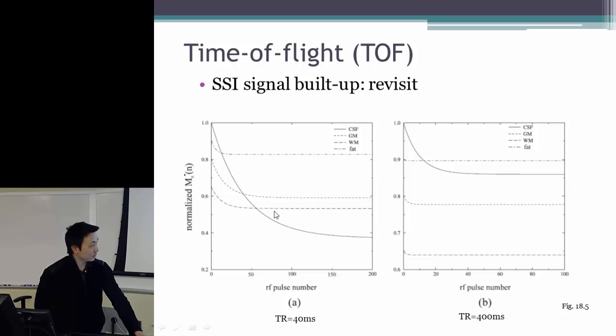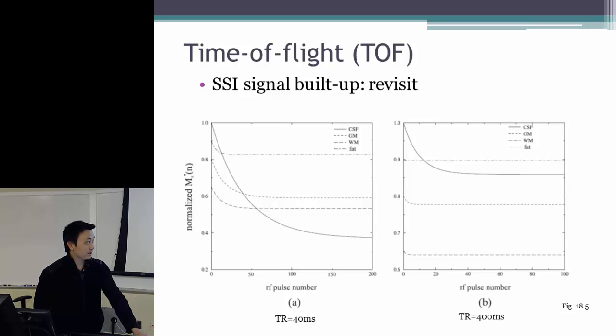If we look at this portion, with just a limited number of RF excitations, before everything reaches the steady state, we can see that the blood at this point actually has a higher signal than the white matter or gray matter, regardless of its long T1.